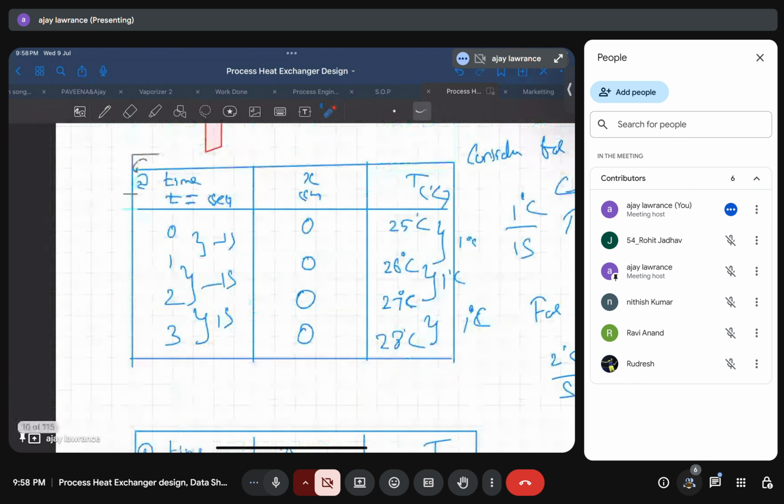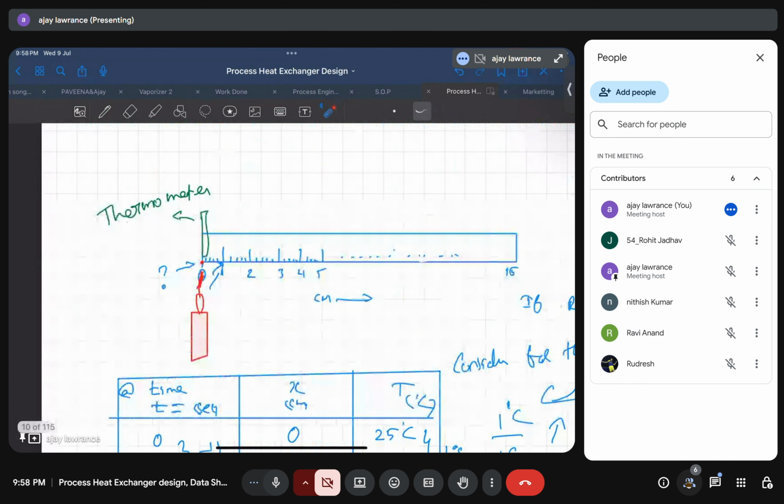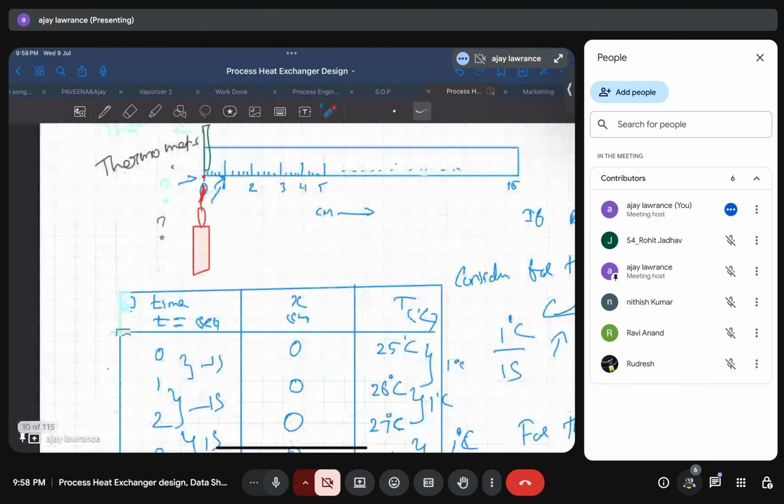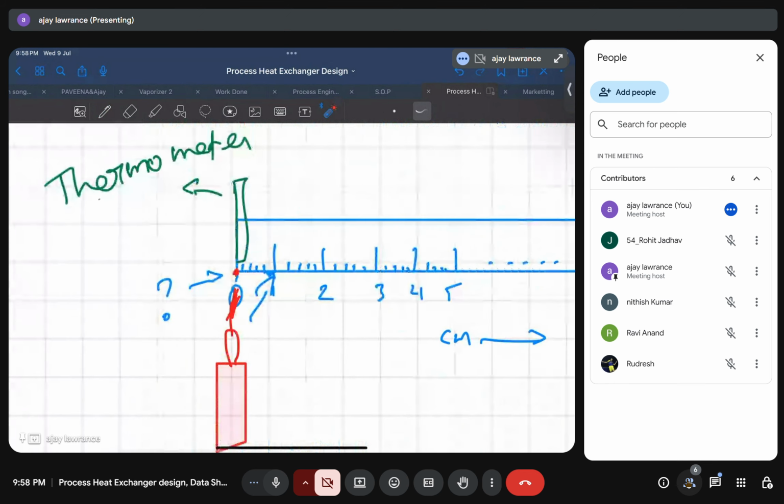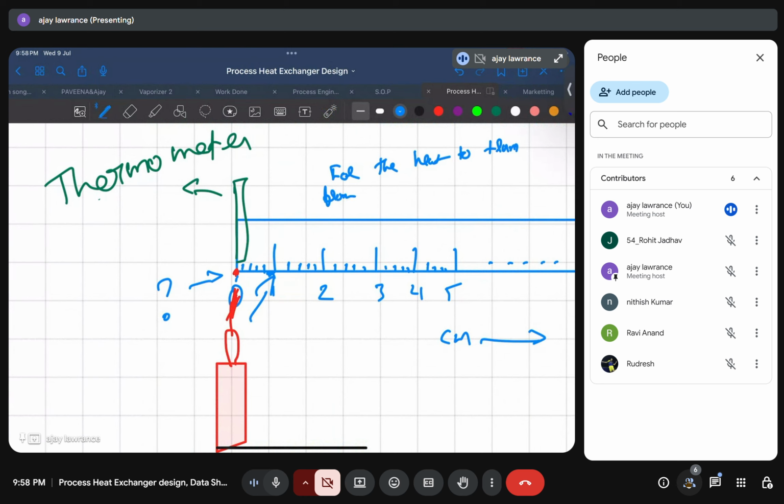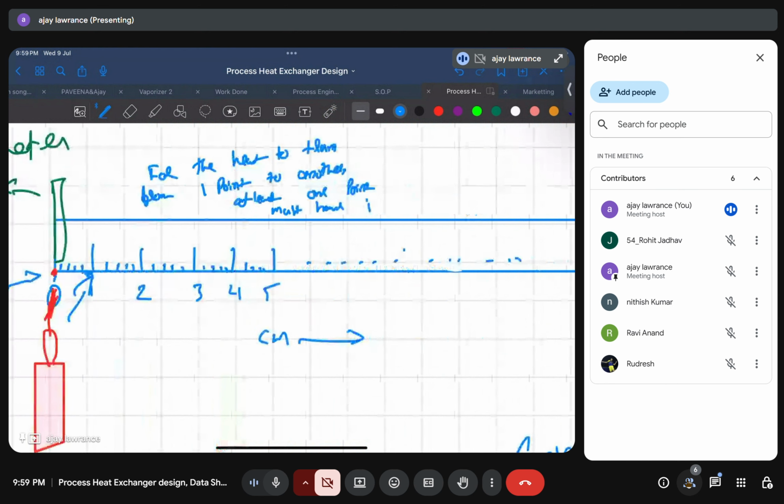Fine. So what I'm trying to say is, for the heat to transfer from one point to another, at least one point must have increased temperature or higher temperature.